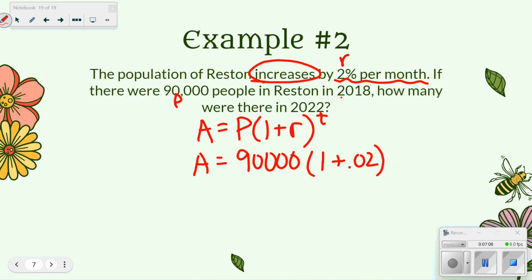And if I have starting in 2018 and going to 2022, I know that is 4 years. But my T has to be in months because that is what my rate is given in, which means my T is going to be 48 months.